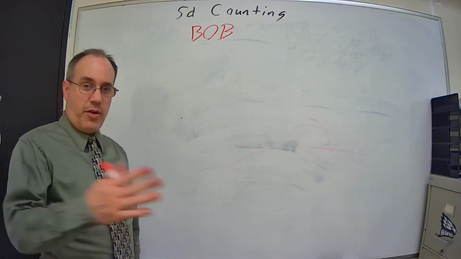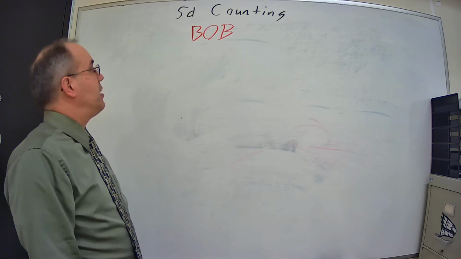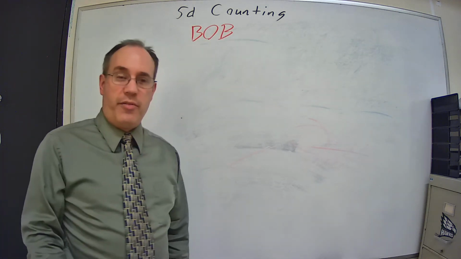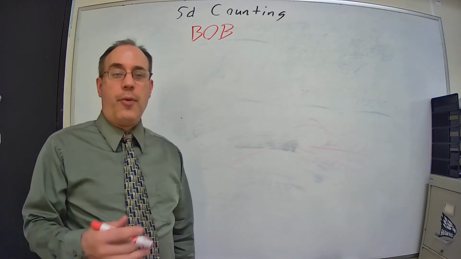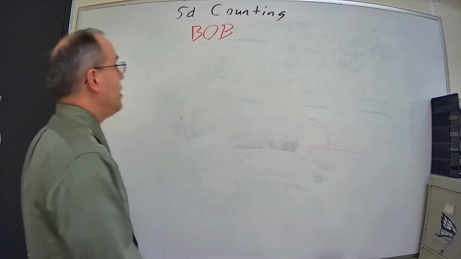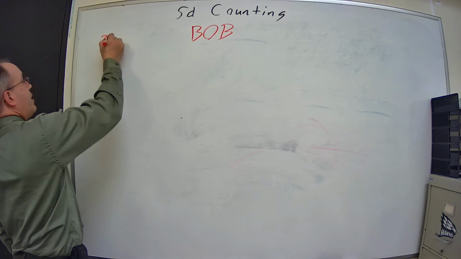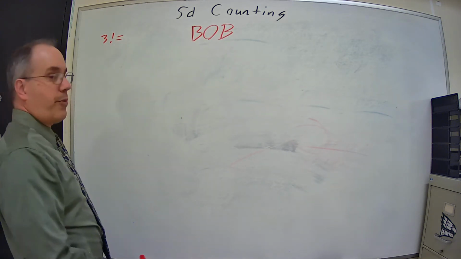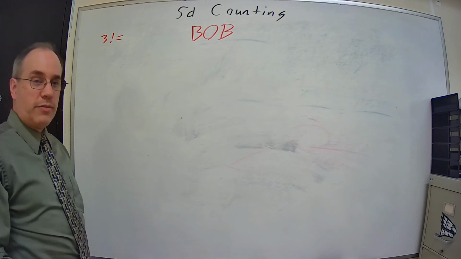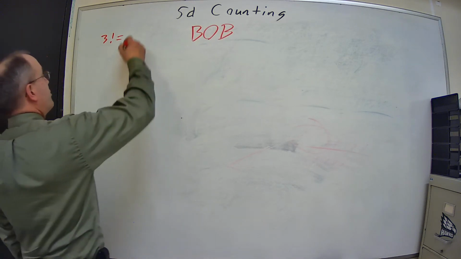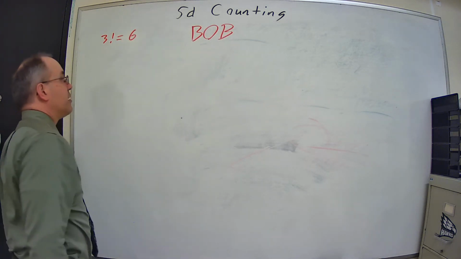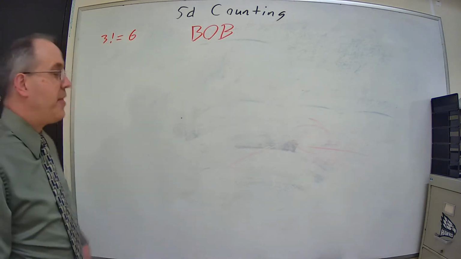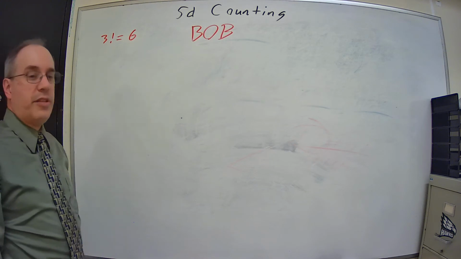Arrangement, we're talking about order, permutations, and we know that if we have 3 items, and we're trying to find out how many ways we can arrange those 3 items, that's n factorial, so 3 factorial is equal to 3 times 2 times 1, which is 6. So there are 6 ways that I can arrange the letters in the name Bob.